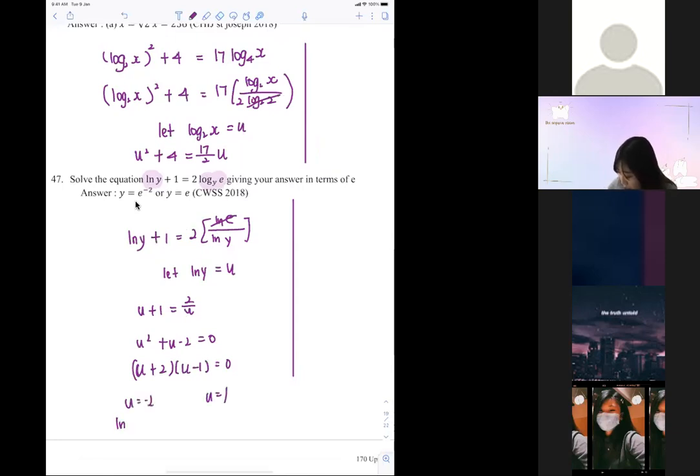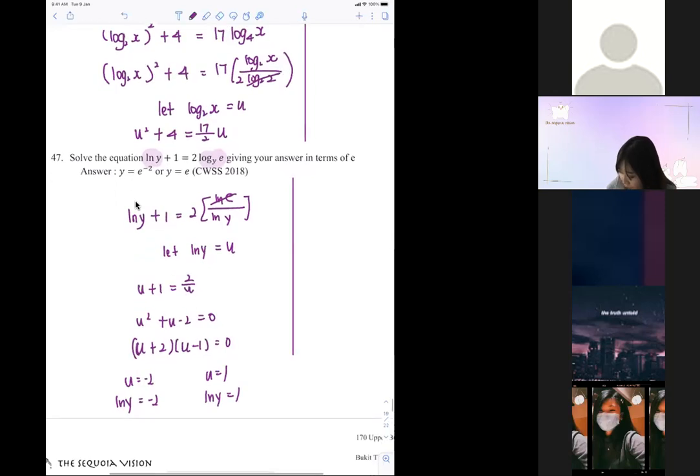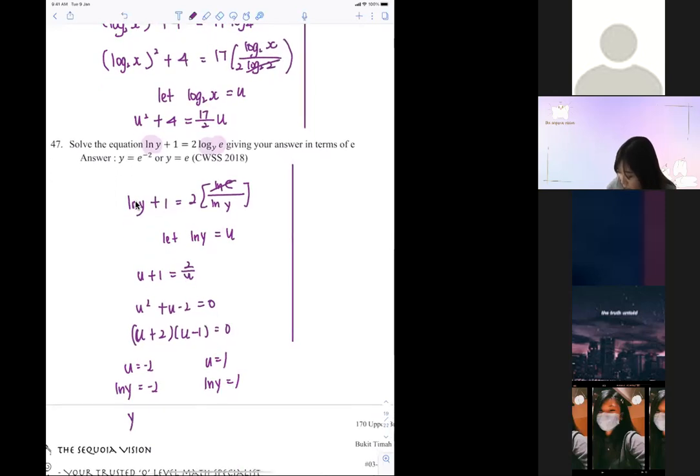Change u back to ln y. So this one will be e to the power of minus 2, another way, 1 over e squared. This will be e to the power of 1. So y is equals to e. Okay, both are positive numbers, so definitely can be subbed in.